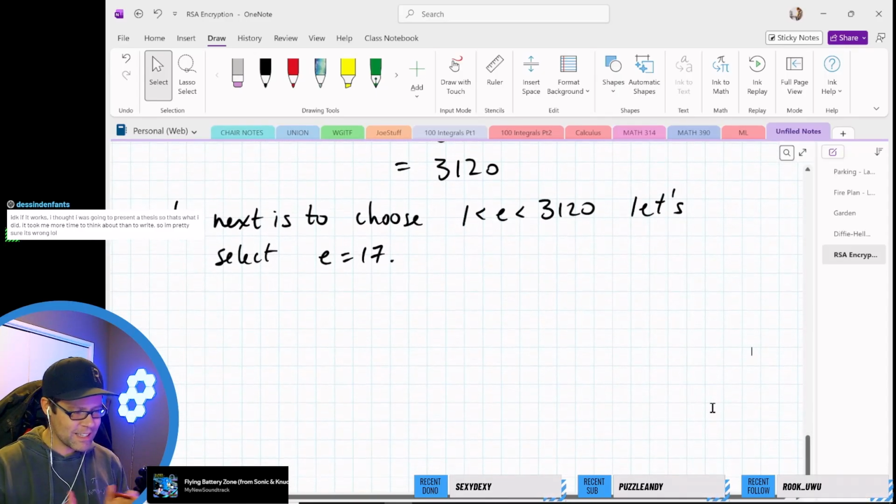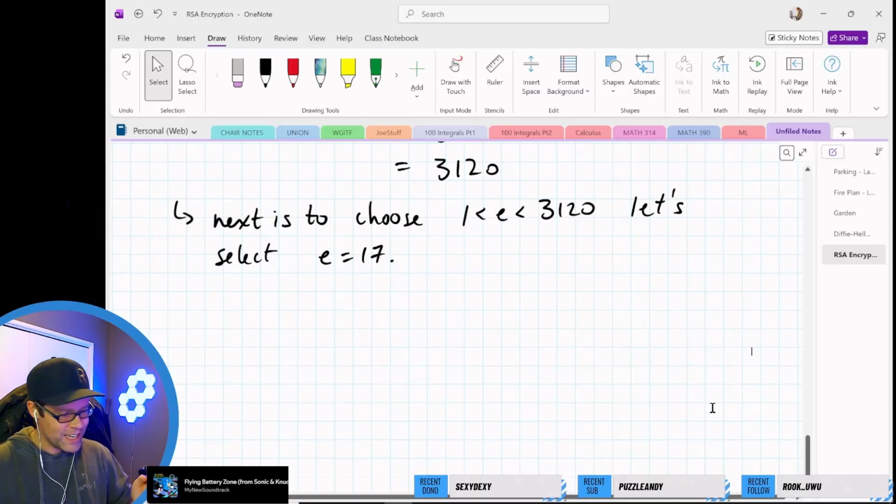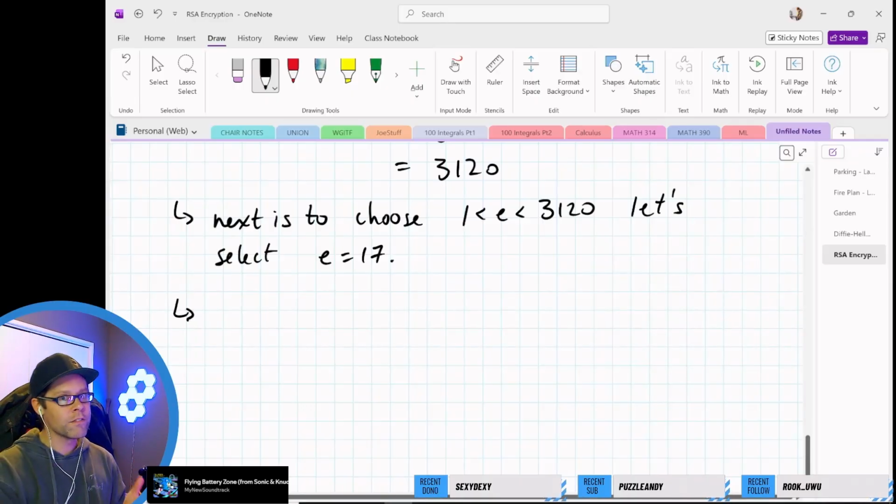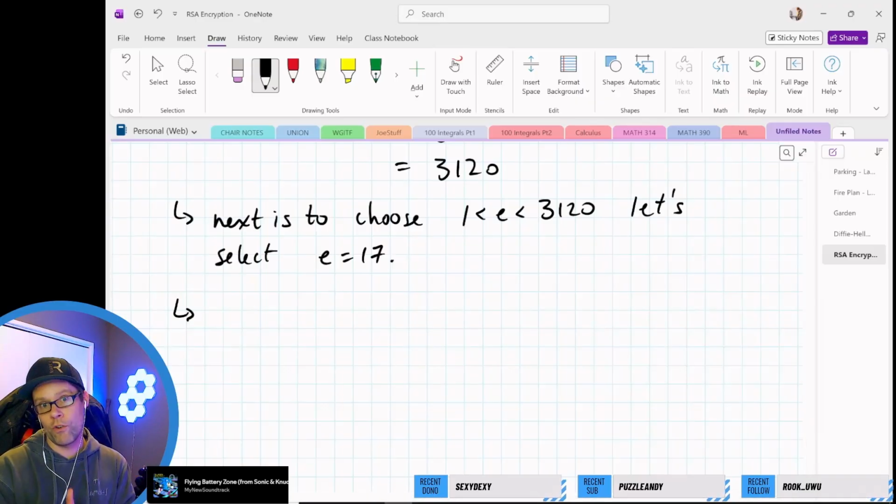All right, so let's go ahead, let's select E is equal to 17. The last thing that we need is to find the inverse of E mod 3,120.